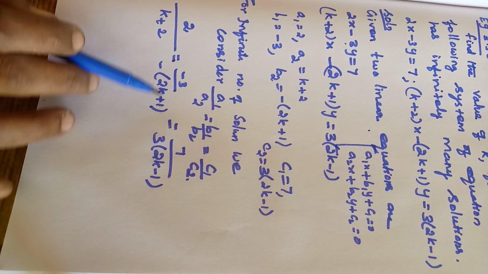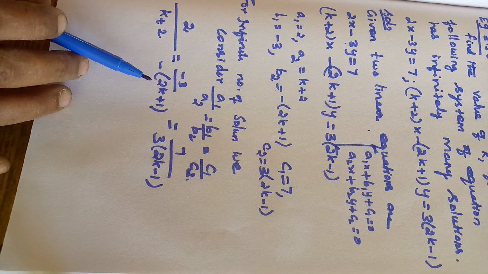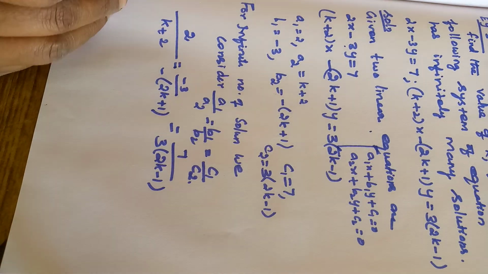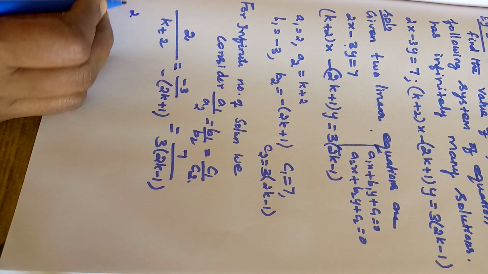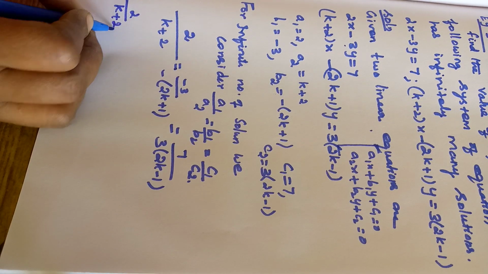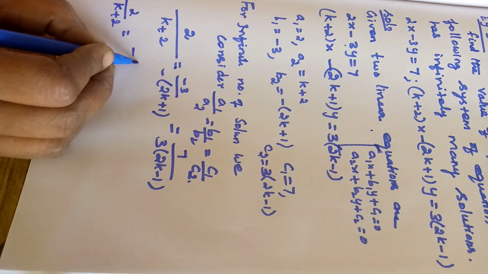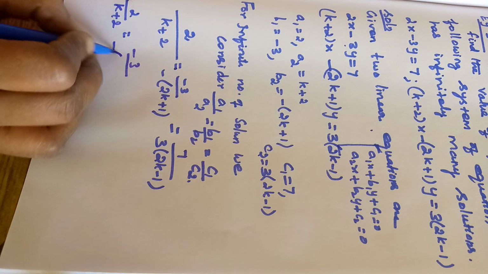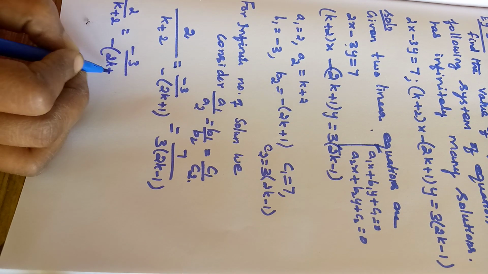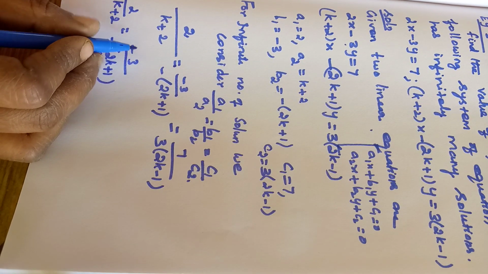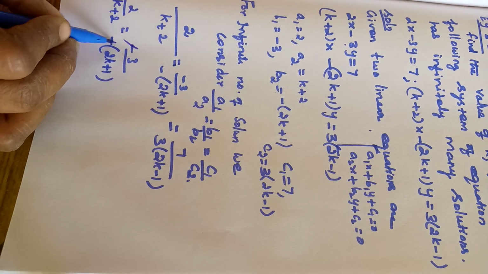First let us take the first two terms, that is 2 by (k plus 2) is equal to minus 3 by minus of (2k plus 1). Here the minus up and down can be cancelled.